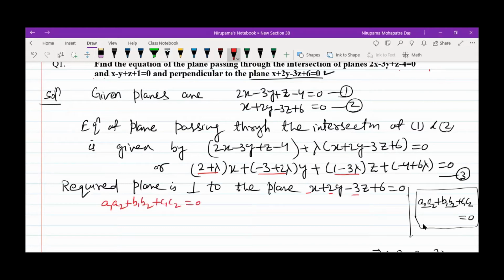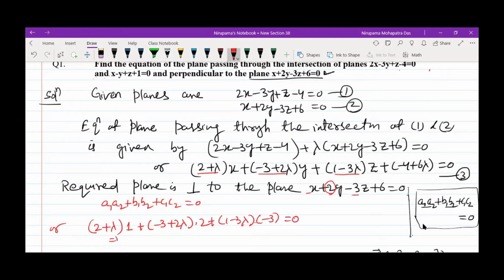So it means (2 plus lambda) into 1, plus (minus 3 plus 2 lambda) into b2, plus (1 minus 3 lambda) into c2 equal to 0.